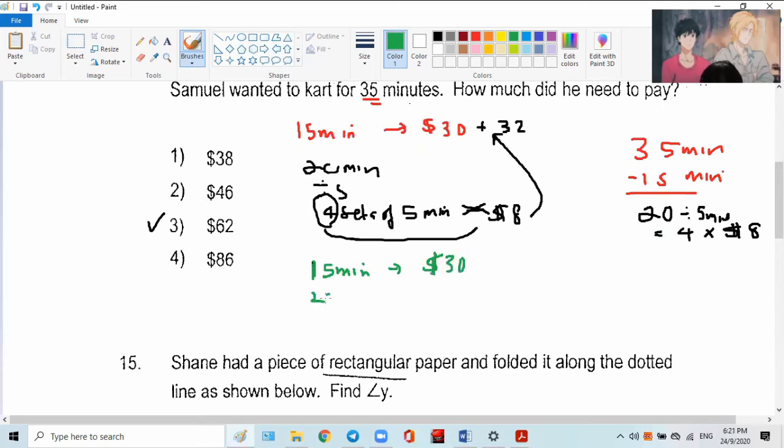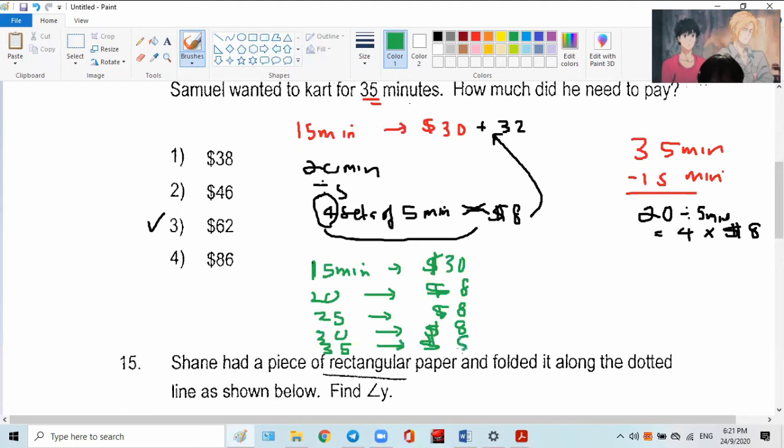Then the next 5 minutes, you pay $8. Then 25 minutes, $8. Then 30 minutes, $8. We cannot stop because you want 35 minutes. So 35 minutes, you pay $8.